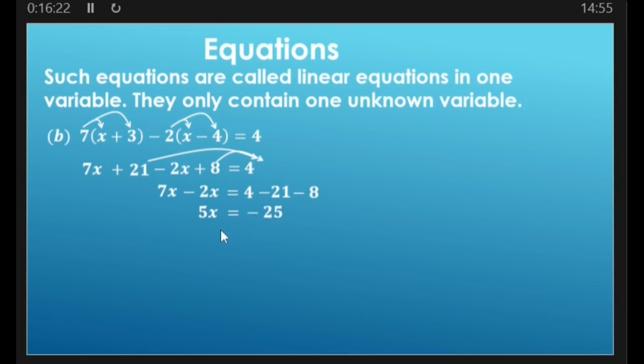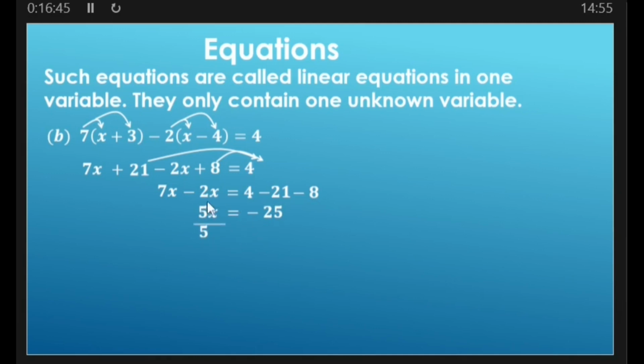So for us to be able to remain with the x here, since between 5 and x there is a multiplication, to get rid of this 5 we need to divide. The opposite of multiplication is divide, so we have to divide by 5.